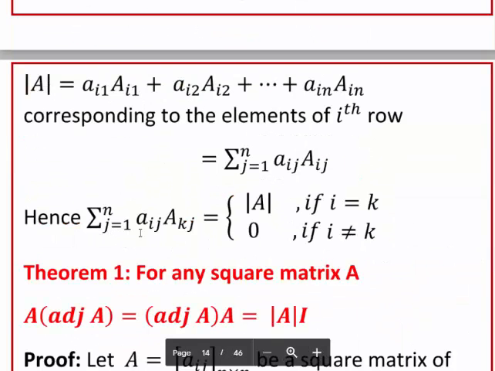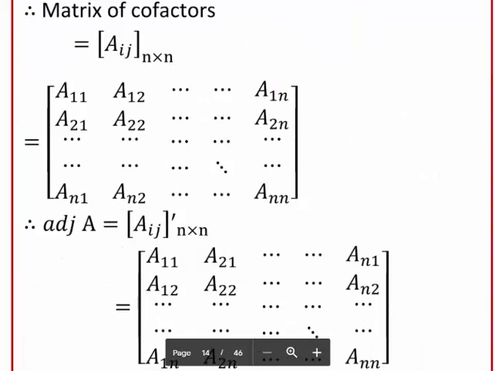See, this is the very important result: summation j going from 1 to n of aij into capital Akj is determinant of A if i equals k, otherwise it is 0. And many times i not equal to k occurs, that's why it is 0.